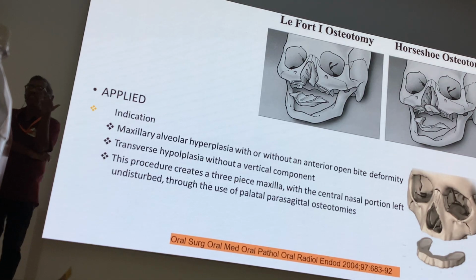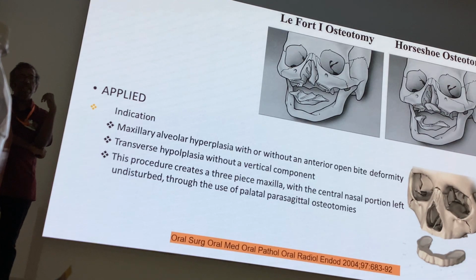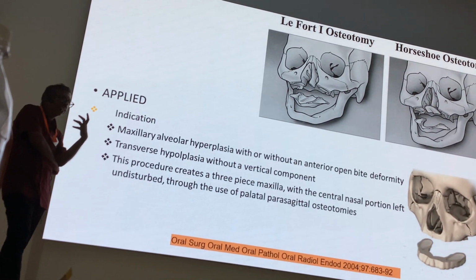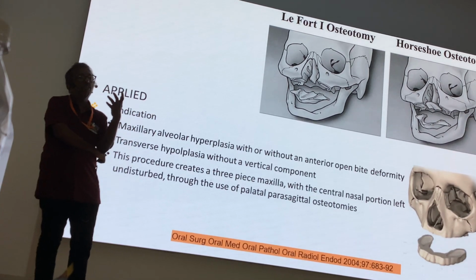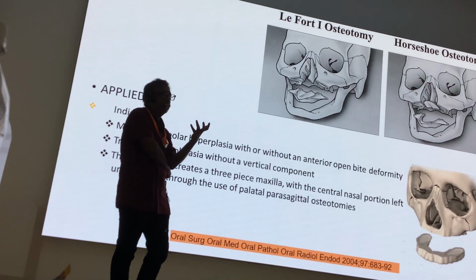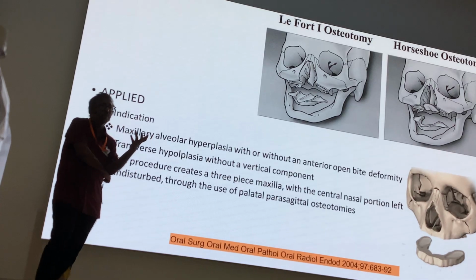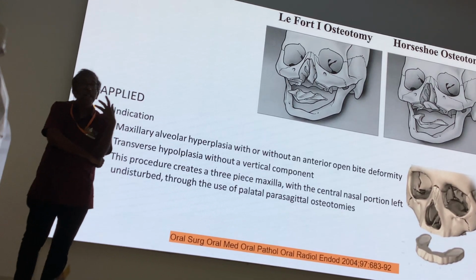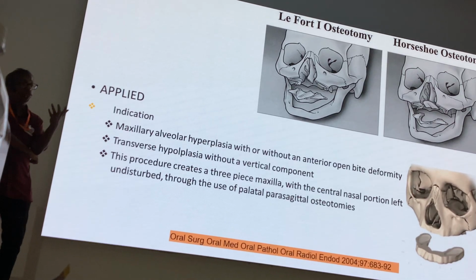Can you say what are the steps of Le Fort I osteotomy? First of all, when doing a Le Fort I osteotomy, you have to plan whether you are going for a maxillary excess, a maxillary deficiency, or a gummy smile. These are the cases where you are going to do a maxillary osteotomy.